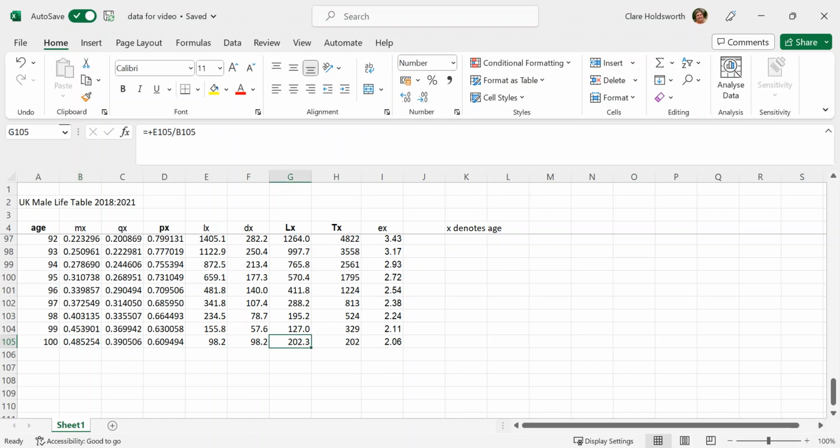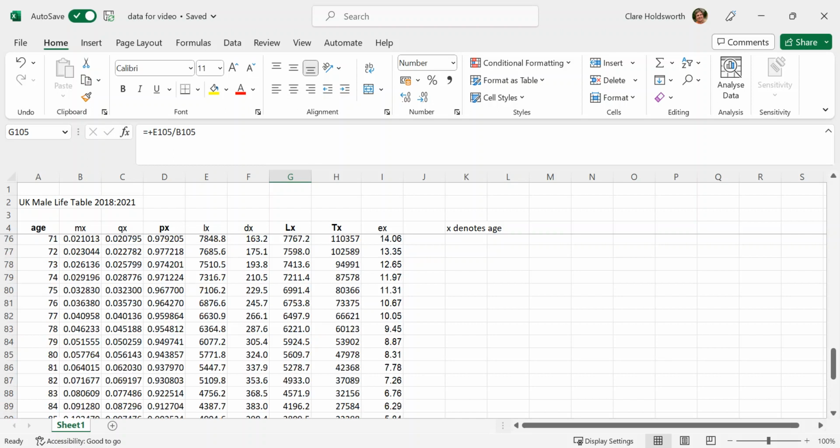So if you look at the formula for the big LX for L100, we can see that that's calculated as E105 divided by B105. That's the number of people alive at 100 divided by the age-specific mortality rate for 100 and over. So that's how we get the value of 2.2.3.